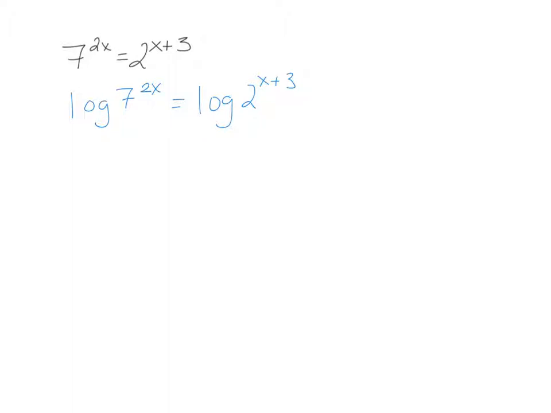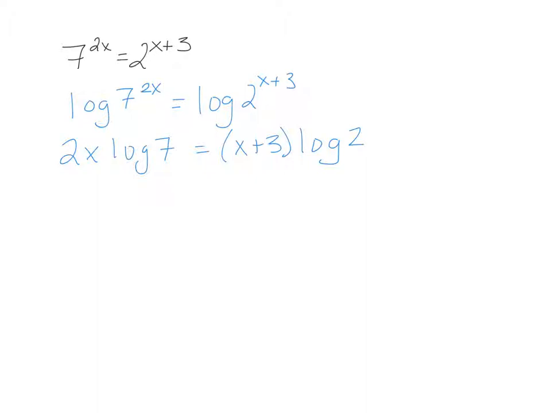And then we're going to use the laws of logarithms to simplify. The exponents can become coefficients. So this becomes 2x log 7 equals x plus 3 log 2.